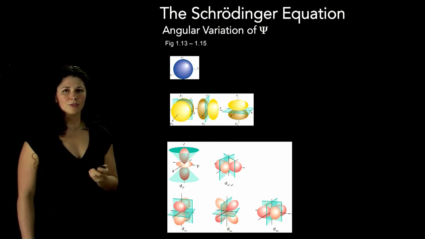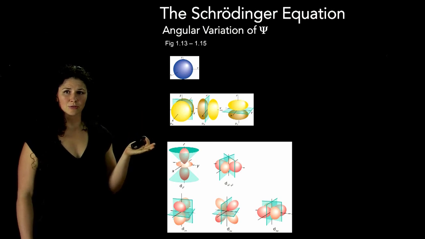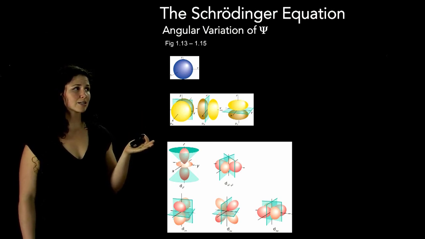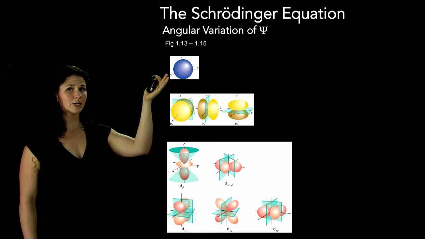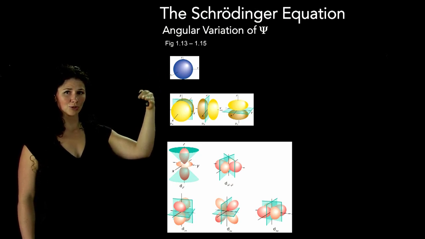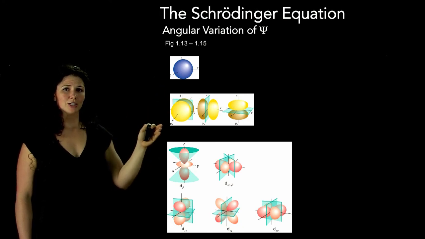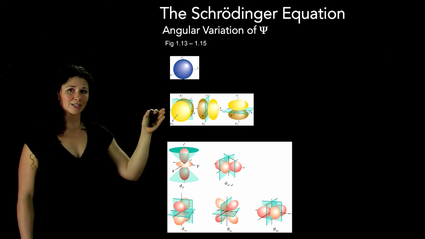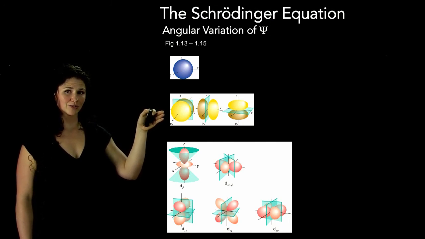So here are the shapes that you'll find in your Shriver and Atkins textbook. So you have your s orbital here. You can see wherever you are in space, at any angle, you'll be in the same type of shape. Here, if you're along the z-axis, it looks a lot different than if you're on the y or x-axis. So these have angular variation.